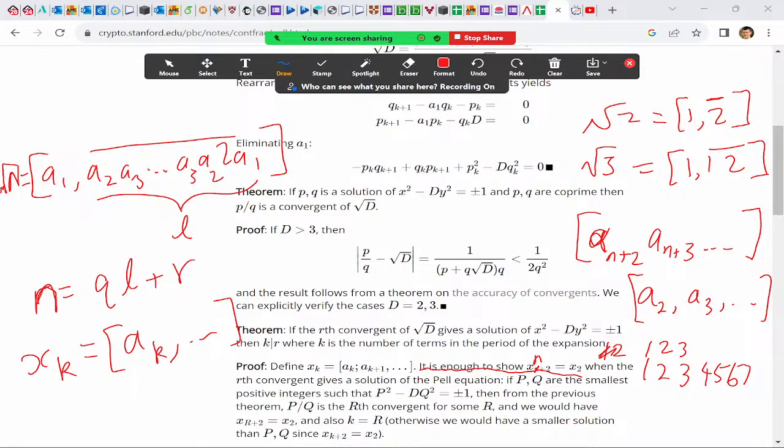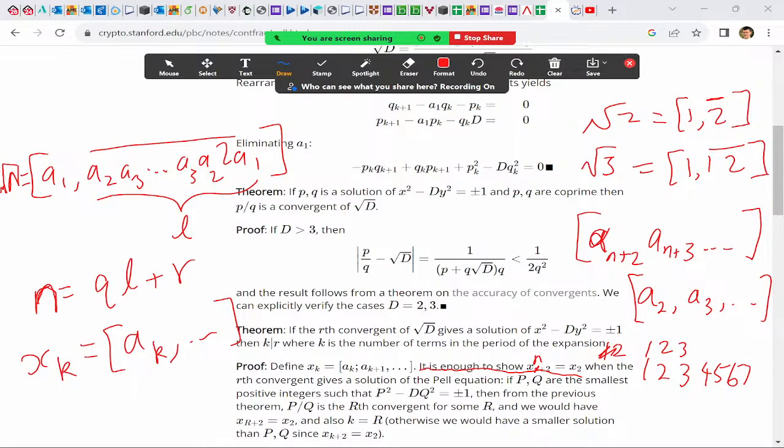Wait, does that make sense? What's the smallest solution? So I guess it's not.